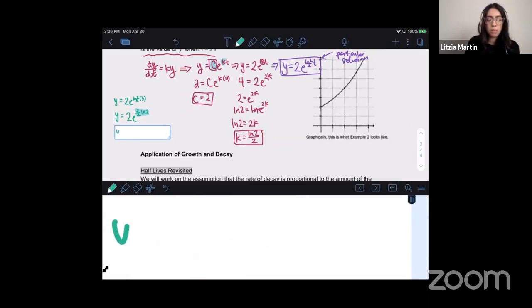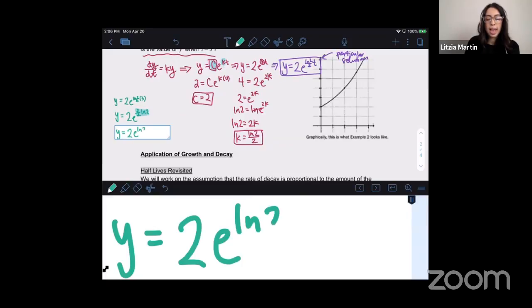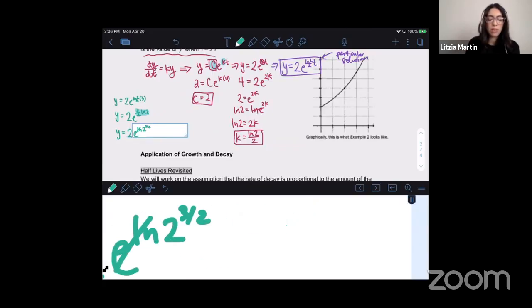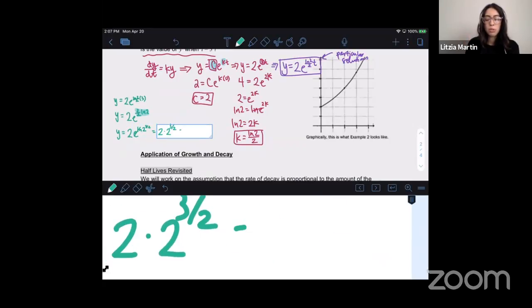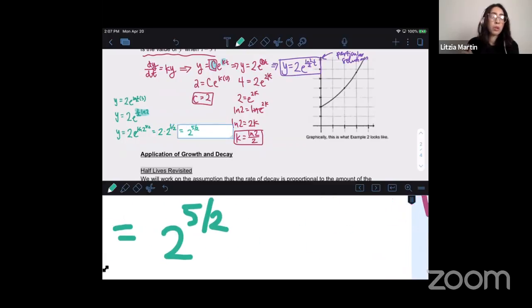So this becomes e to the ln of 2 to the 3/2, and then e and ln cancel. So this will become 2, because we have that constant 2 in the front, times 2 to the 3/2. Remember, when you're multiplying, you add their powers, so it becomes 2 to the 5/2. Okay, so that would be your y value.